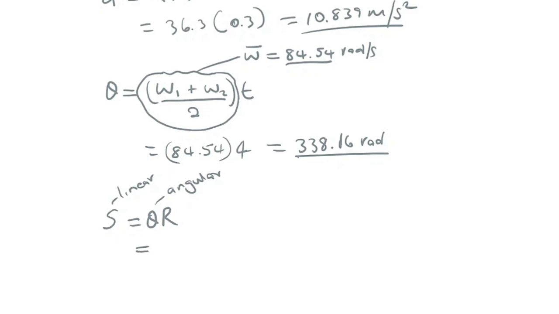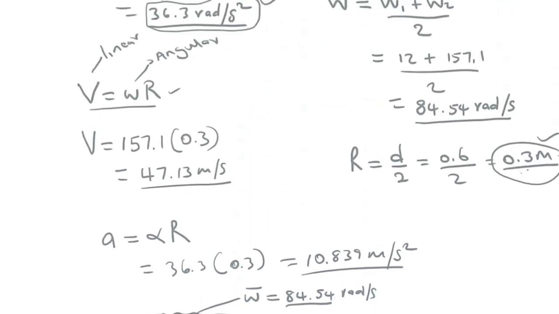The angular displacement is 338.16, and you put the radius of the bicycle wheel as 0.3. Then you get a linear displacement of 101.4 meters. That's what the statement is looking for.